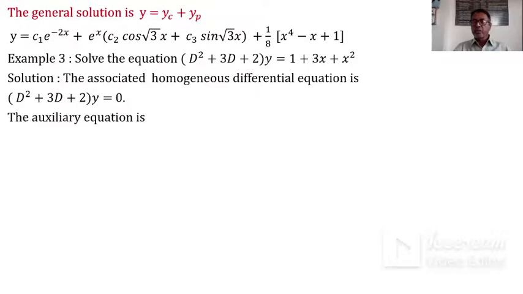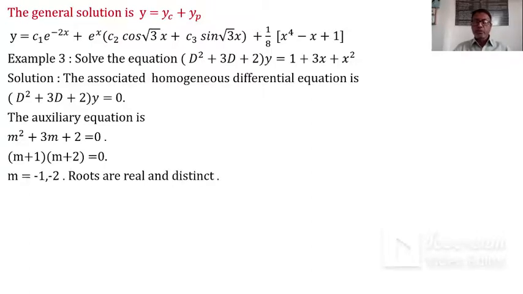From this, consider the auxiliary equation, find its roots, find the factors of this, m plus 1, m plus 2. Therefore, m is equal to minus 1, minus 2. Roots are real and distinct. Therefore, complementary function is c1 e to the power minus x plus c2 e to the power minus 2x.